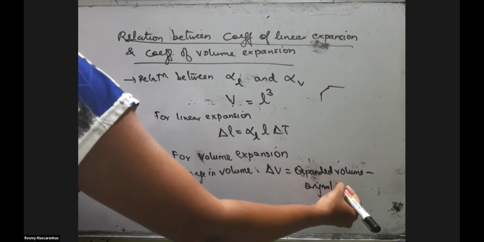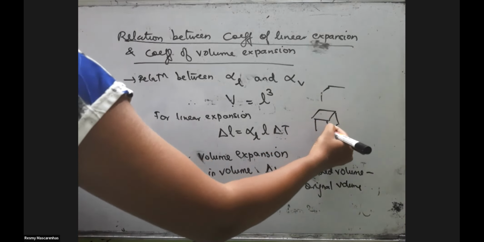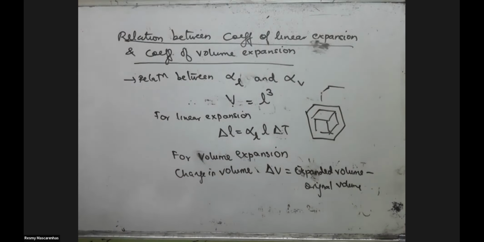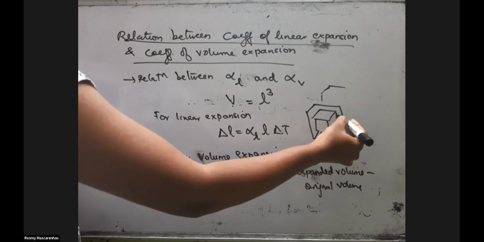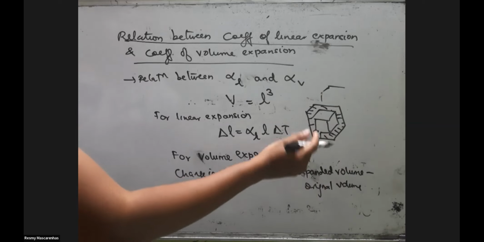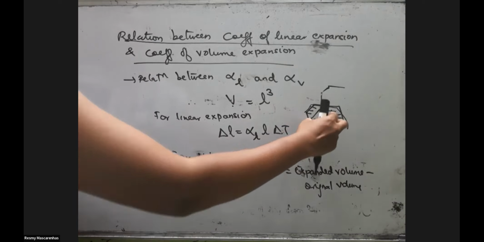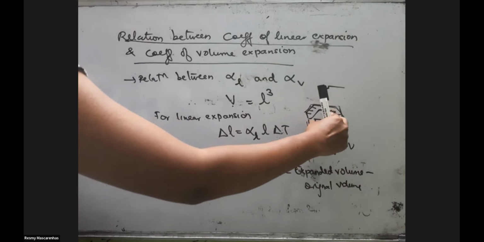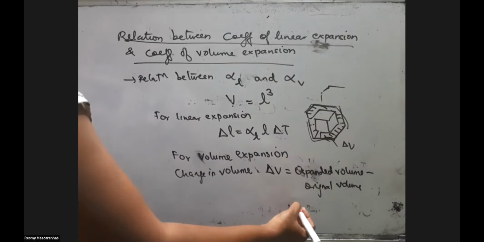With the help of a diagram I'll show. Suppose this is the volume and after heating it became slightly bigger. The shaded region is how much it has expanded: the final expanded volume minus your original volume. The change delta V is the bigger one minus the inside one. So what is the expanded volume?